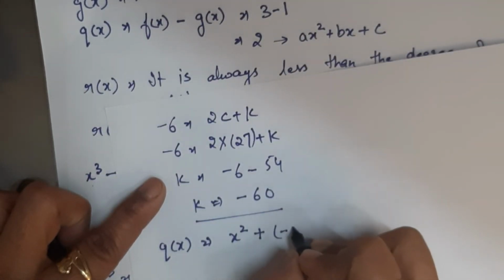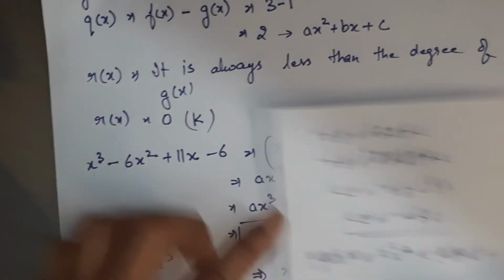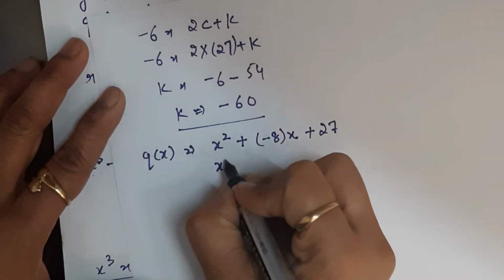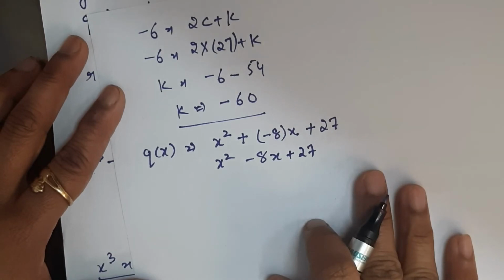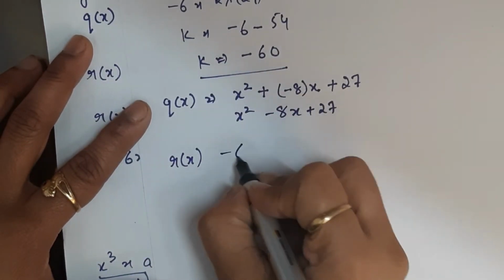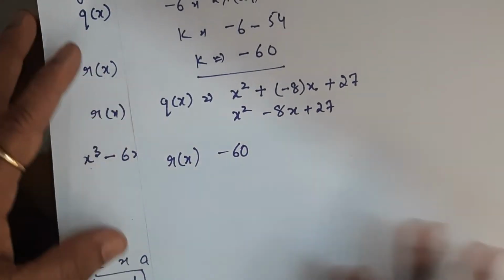So it comes out to be -8x + c. c is 27. So again write down, it's x² - 8x + 27. So this is the equation for the quotient. And for the remainder it is simple, -60. So this is the way we have to do it.